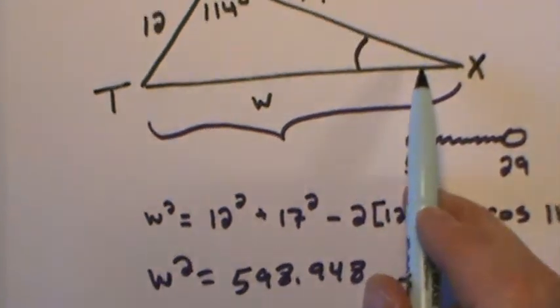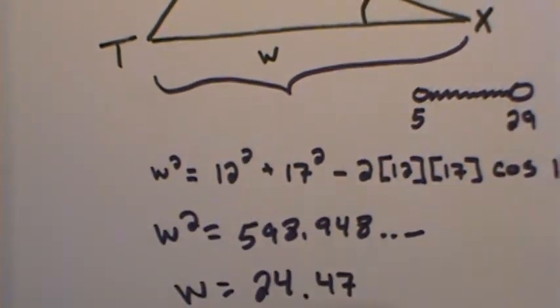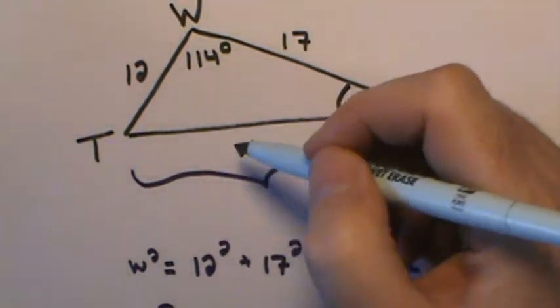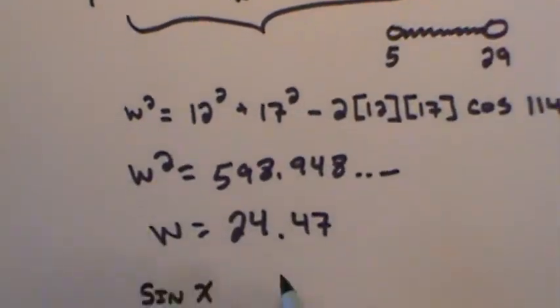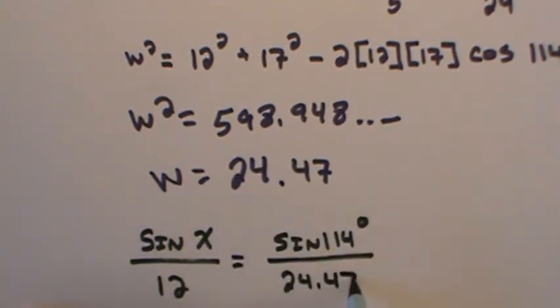So I got sine of X is to 12. Now I have to use the ones I now know. So I would say sine of the 114 degrees is to this value that I now have, the 24.47.